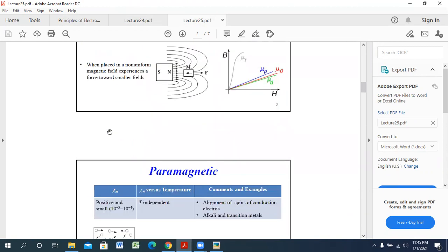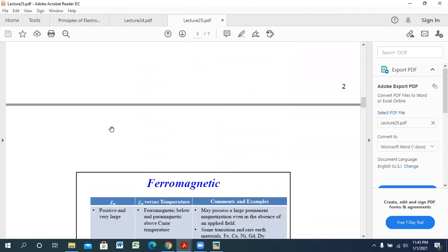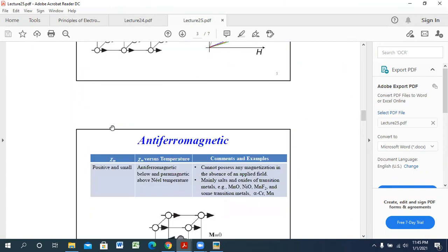Next, paramagnetic means the psi m value is positive and small, 10 to the power minus 5 to 10 to the power minus 4, and temperature independent. In this case, it is paramagnetic. If the value is positive and very large, then it is known as ferromagnetic.